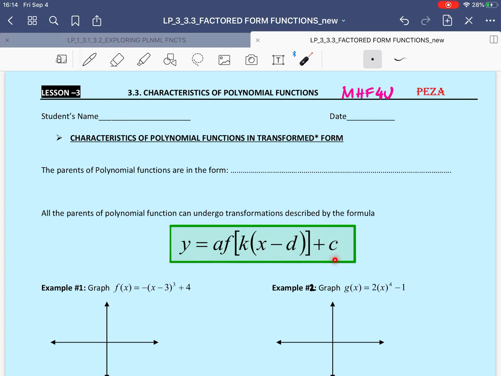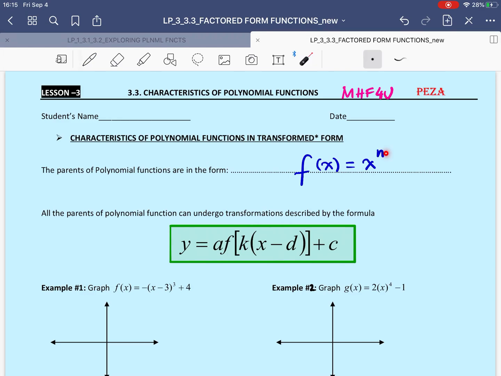I must add, though, that this method is limiting, and that's why we will investigate together other methods of graphing polynomial functions. So let's get started. The parents of polynomial functions can be in the form f(x) equals x to the power of n.